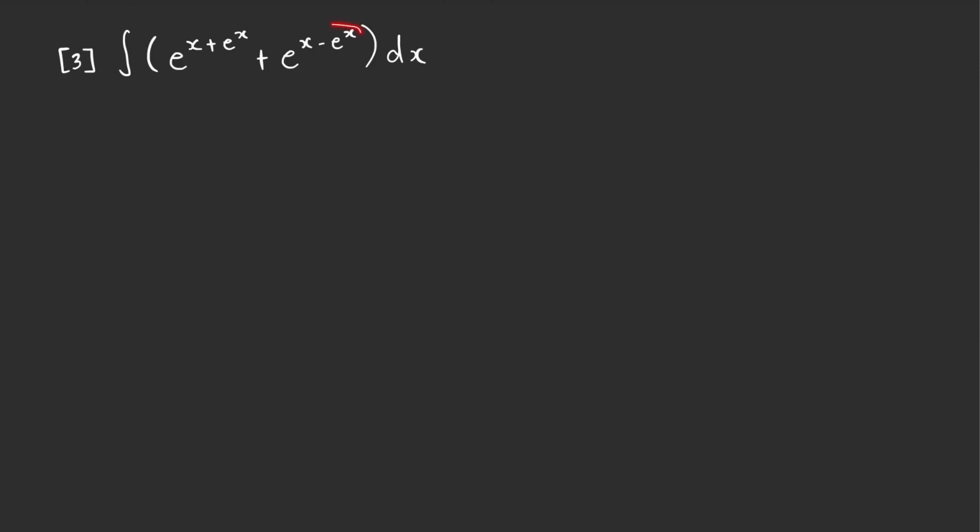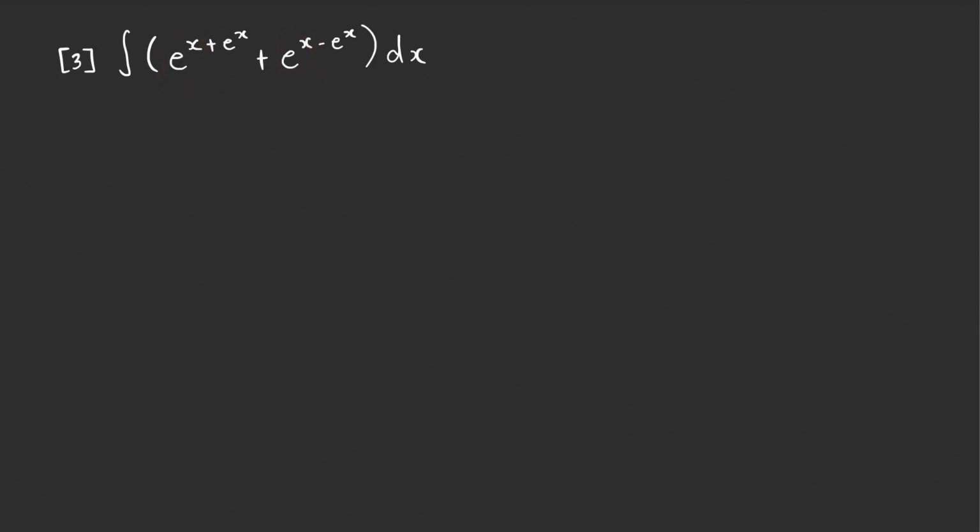Also, if we let this be our u, we cannot reduce the du. Now, it is sometimes helpful to do some algebraic manipulation before you do u substitution. In this case, there is actually a common factor between these two terms, and that common factor is e to the x.